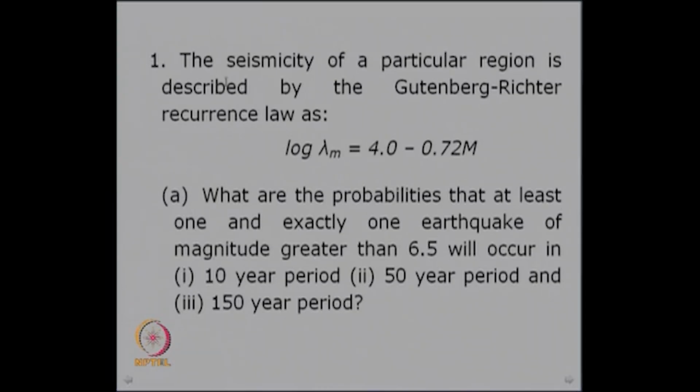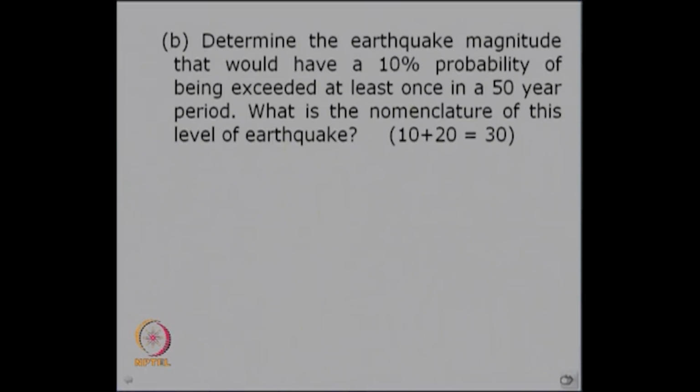This is part A of this question, and part B asks, determine the earthquake magnitude that would have a 10% probability of being exceeded at least once in a 50-year period.